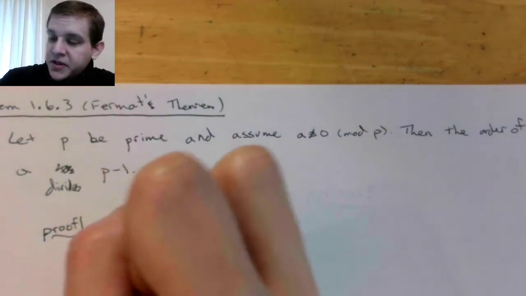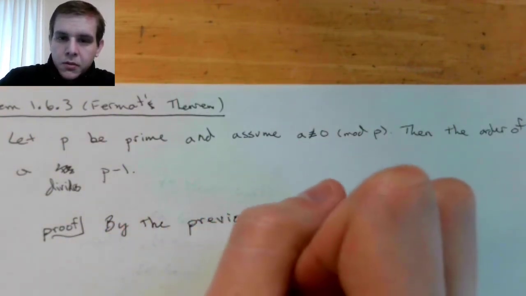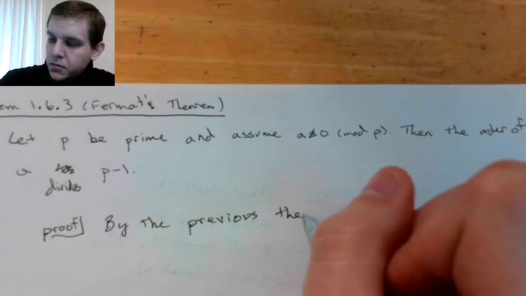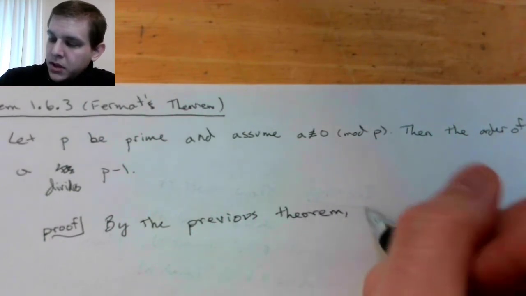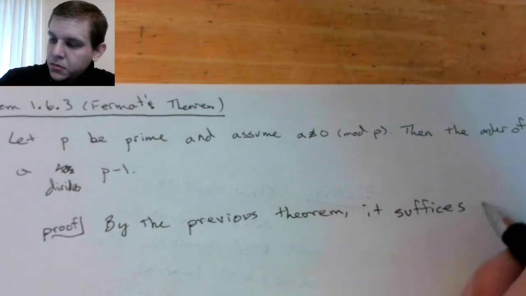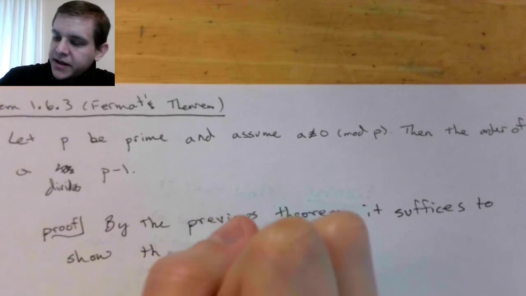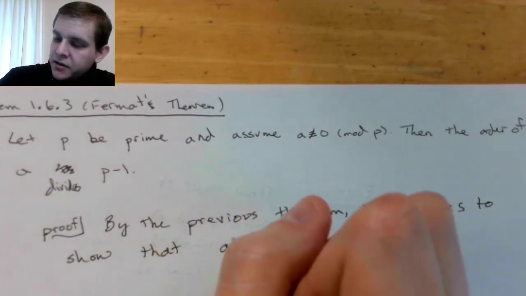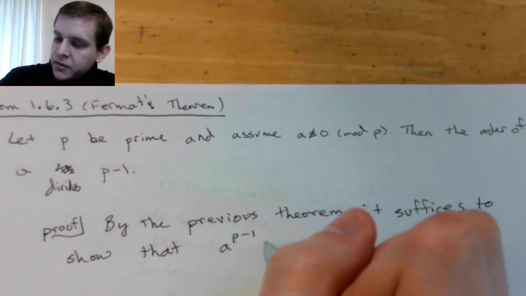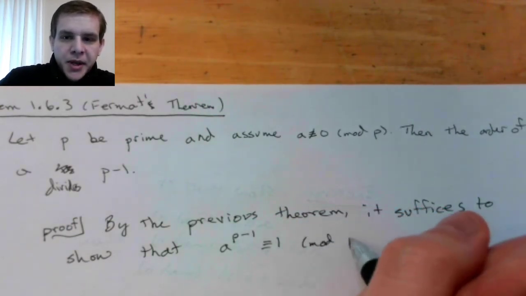By the previous corollary, it suffices to show that a to the p minus 1 is congruent to 1 mod p.